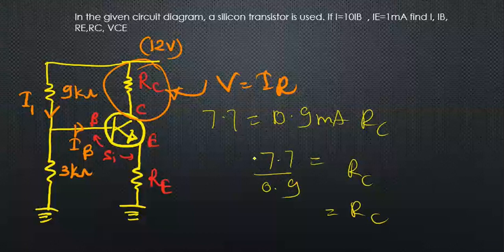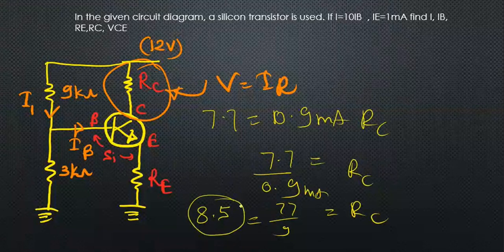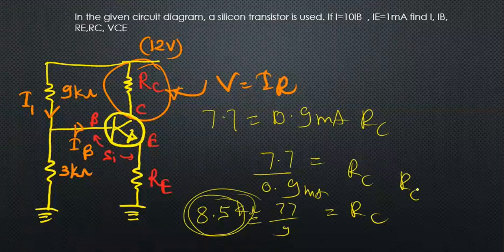Let's do the calculation: 77 divided by 9 gives 8.5. Milliamperes means this is in kilo ohms. So we get RC equals 8.5 kilo ohms.